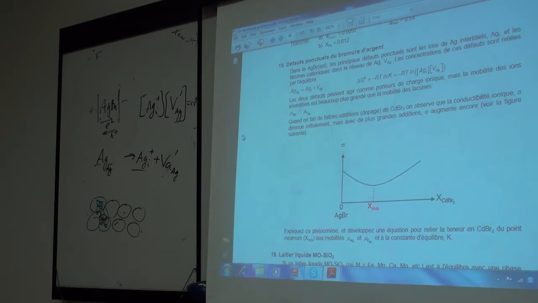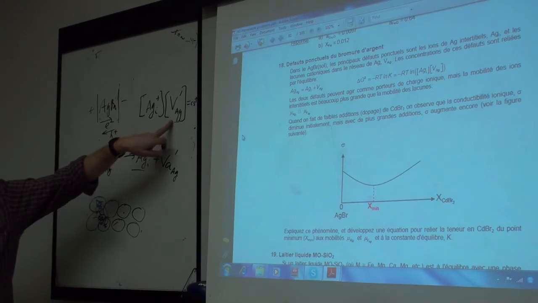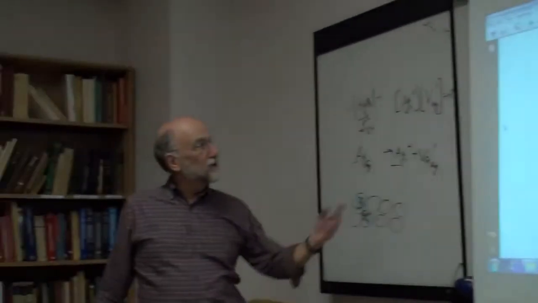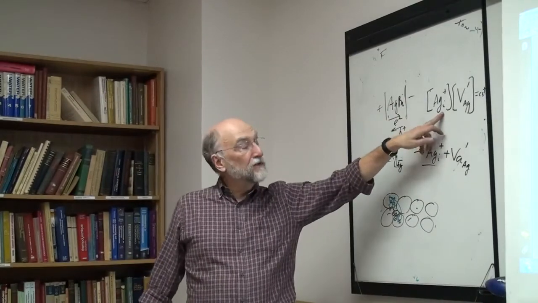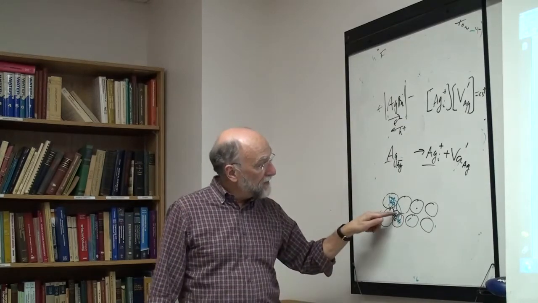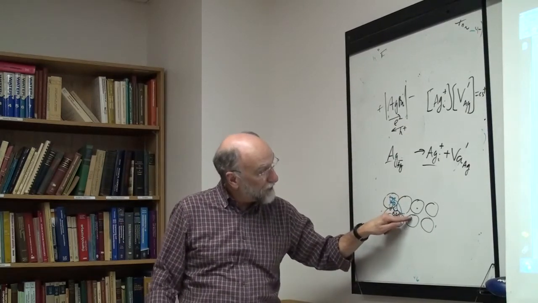This is a solid, remember? So the point is there are two kinds of conduction. There's conduction by the silver interstitials and conduction by the vacancy. The conduction depends on two things. It depends on the concentration of the charge carrier, and it also depends on its mobility, how easy it is for it to hop. The silver ions have to hop from one interstitial site to another.